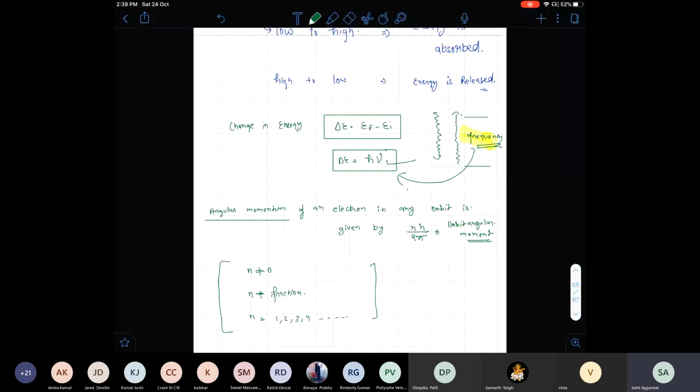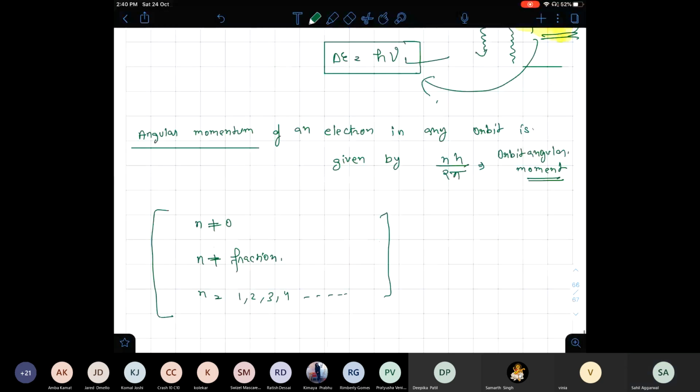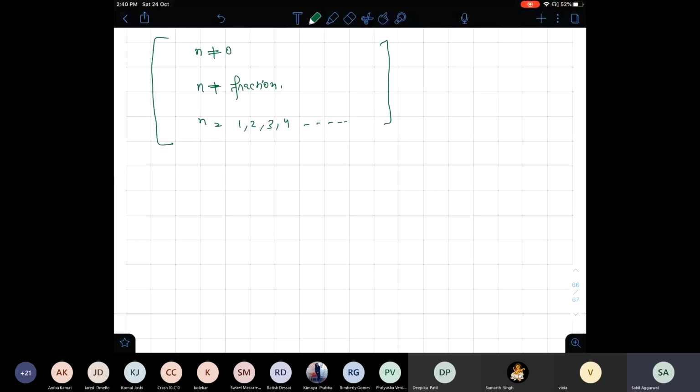So now we have orbit angular momentum and orbital angular momentum. We have two things. एक बार दोनों लिख लेते हैं. What is orbit angular momentum?